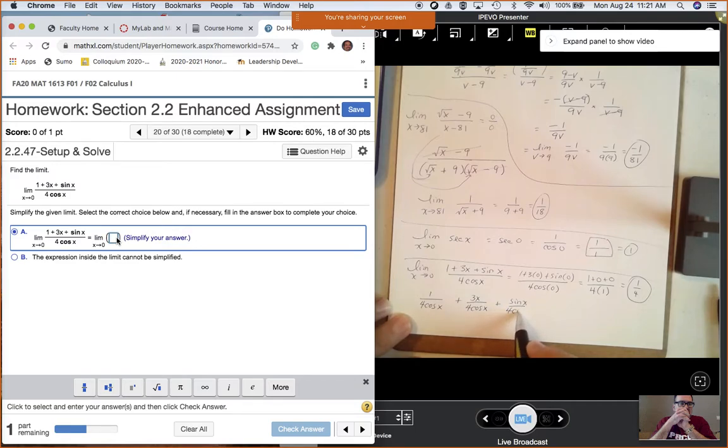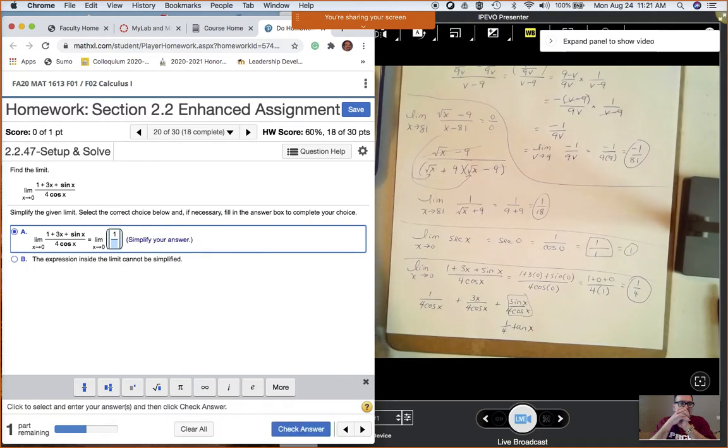And then I guess we could rewrite sine over cosine as tangent. So we could write that as 1/4 the tangent of x. It seems like extra work that's not necessary, but we'll do 1 over 4 cosine x.